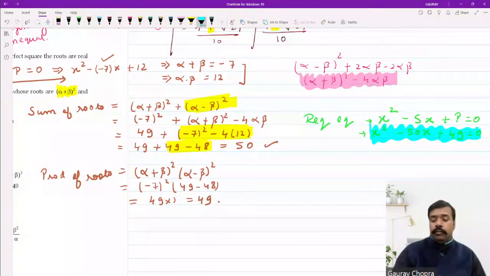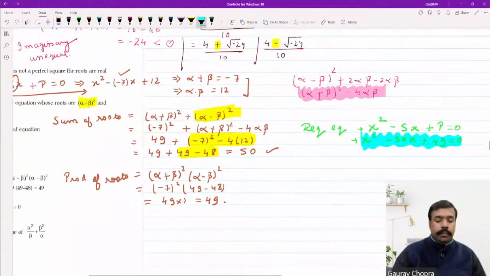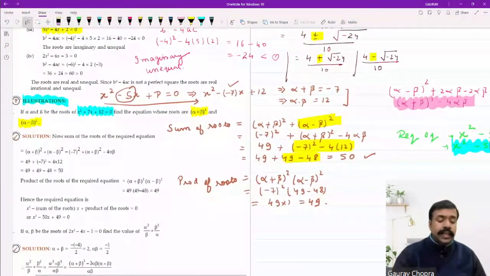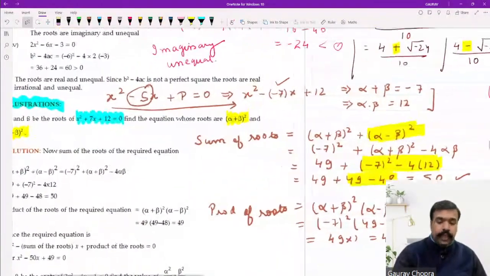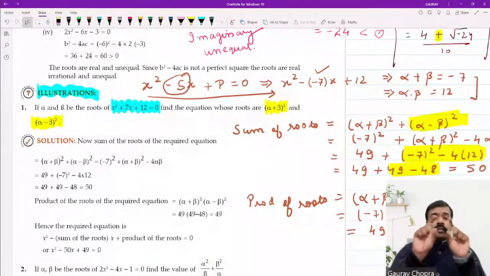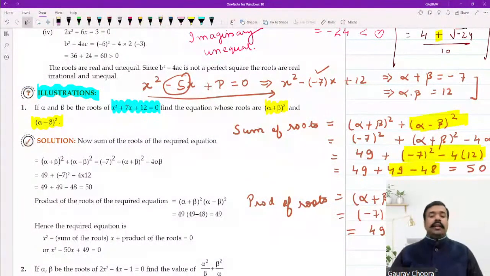So let me have a quick recap so that those who joined late or missed any point will get to know again. This is one of the basic questions of the quadratic equation. We are given one equation, and alpha and beta are the roots of that equation. We already know an equation always has a format. What is that format?